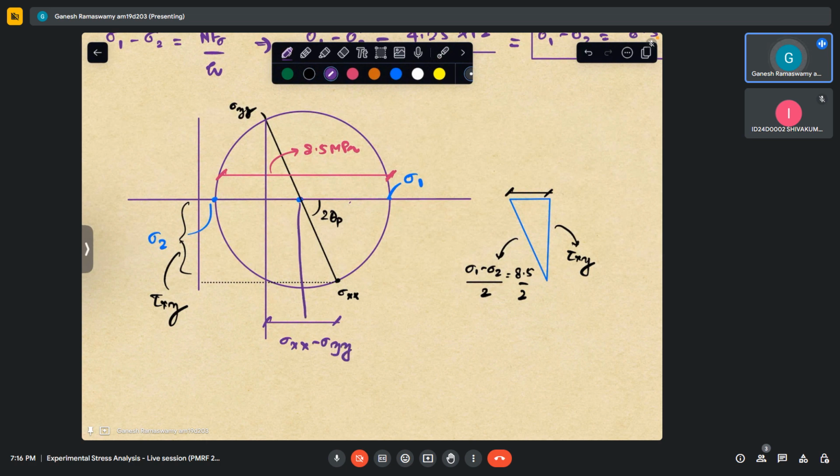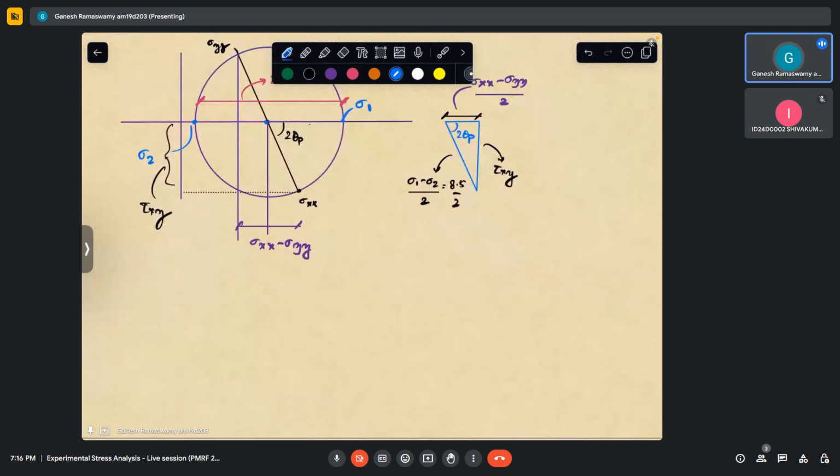From the symmetry, half that distance will be sigma xx minus sigma yy by 2, and I know this angle is 2 theta p. So this is all the information that I need.